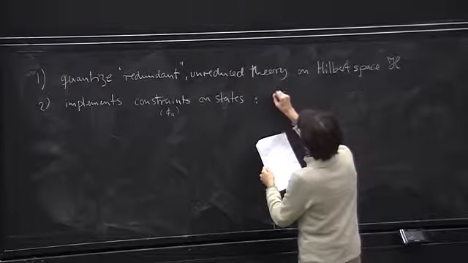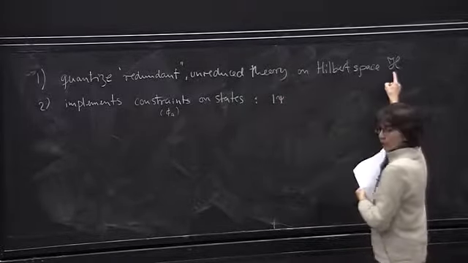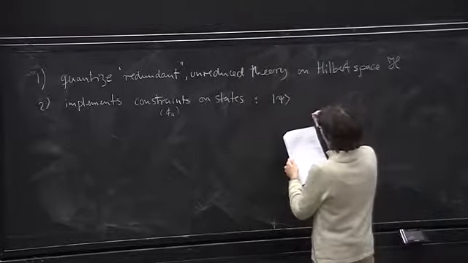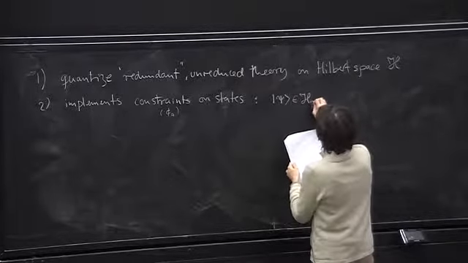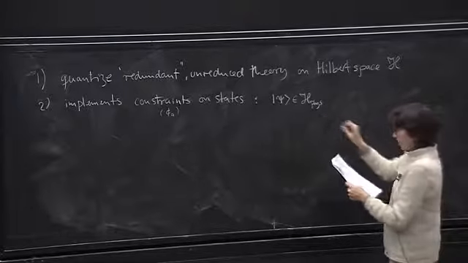Then you'd say here, I'm projecting out a subspace of states from the Hilbert space which satisfy a certain condition. That will then give rise to a physical Hilbert space.